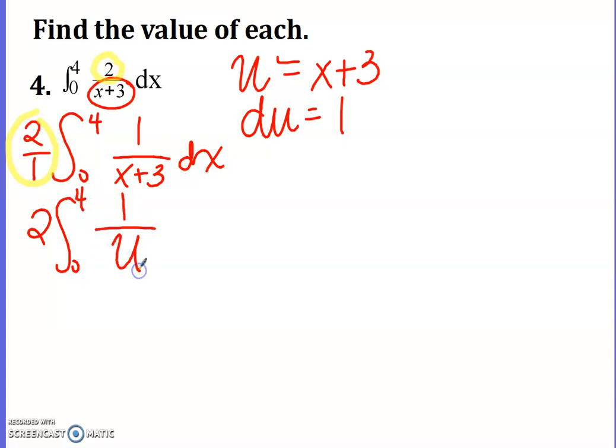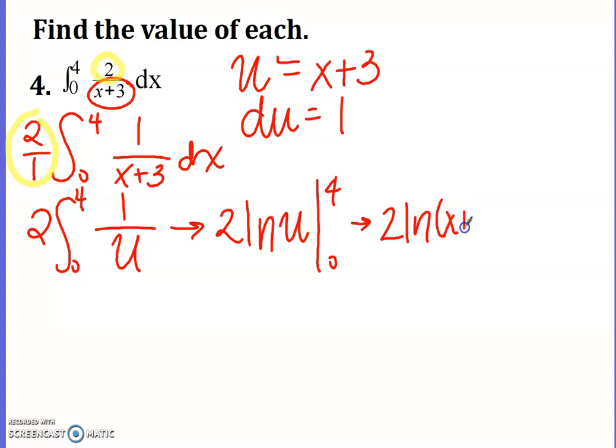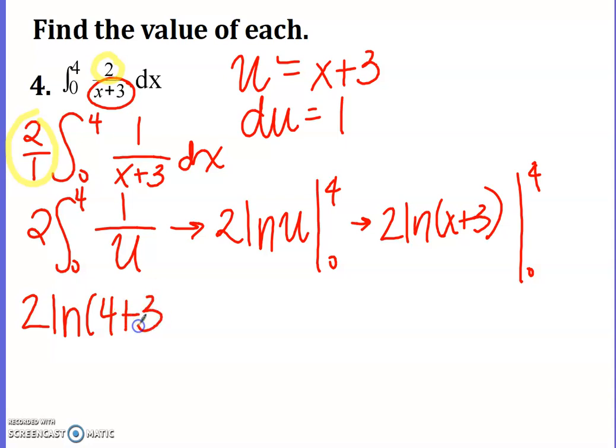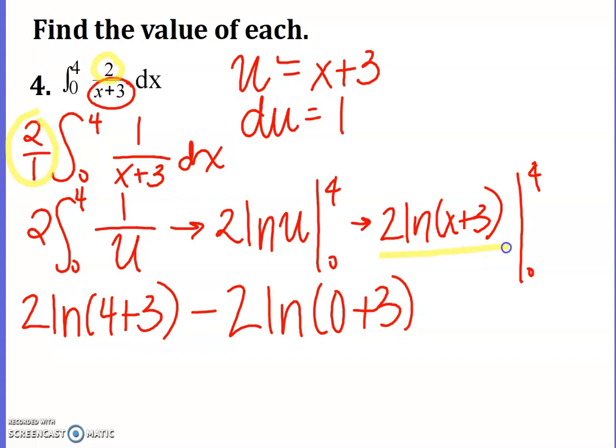And I have 1 over u here. When I go to evaluate this, I get ln u from 0 to 4. Sub back in x plus 3 for u.